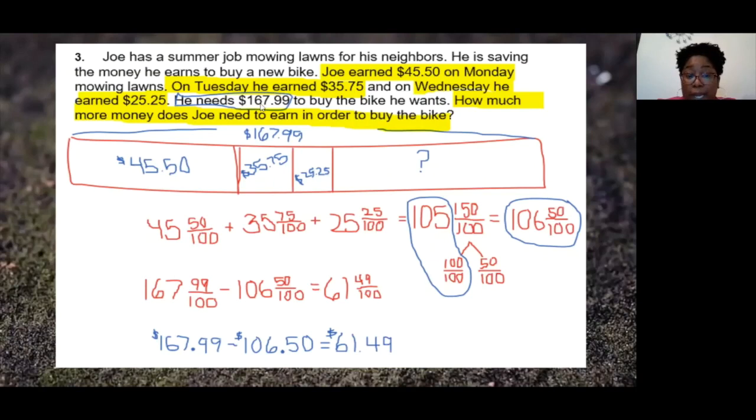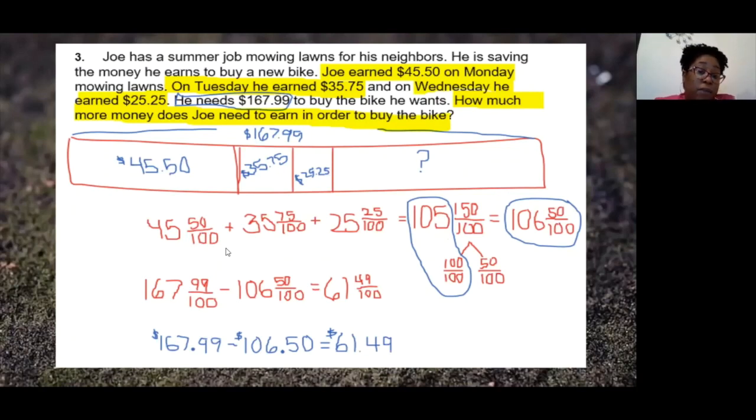So on Monday, he earned $45.50. On Tuesday, he earned $35.75. And on Wednesday, he earned $25.25. And here we have a missing part. So the goal is to find out how much more money Joe needs to earn in order to buy the new bike.